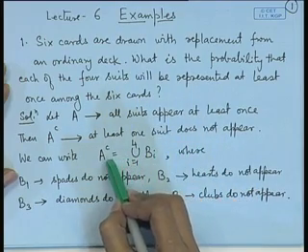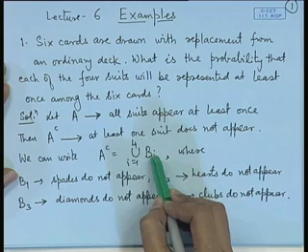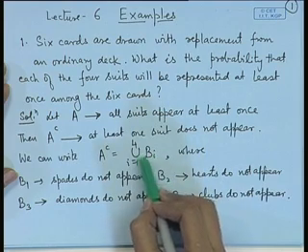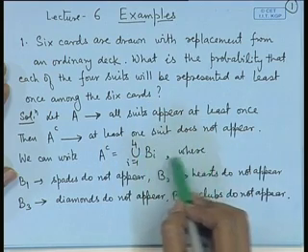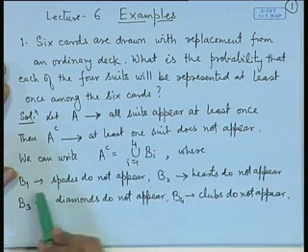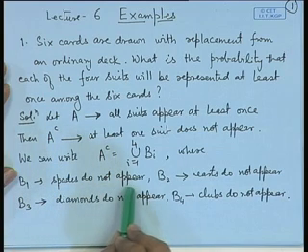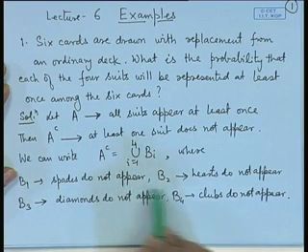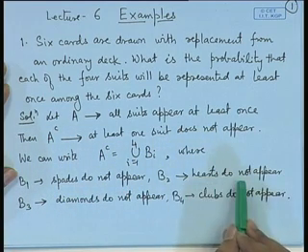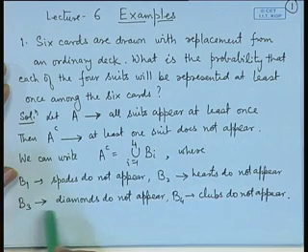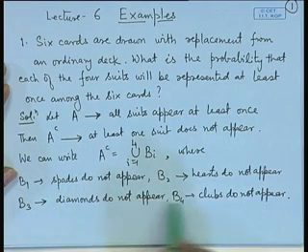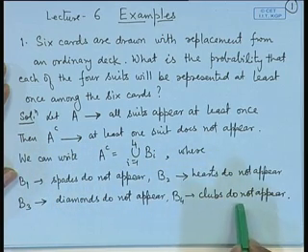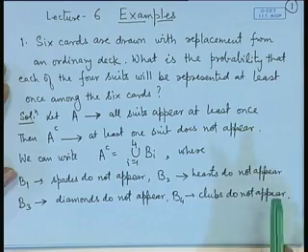So, we represent this as a union of Bi, i equal to 1 to 4, where B1 denotes the event that spades do not appear, B2 denotes the event that hearts do not appear, B3 denotes the event that diamonds do not appear, and B4 denotes the event that the clubs do not appear.